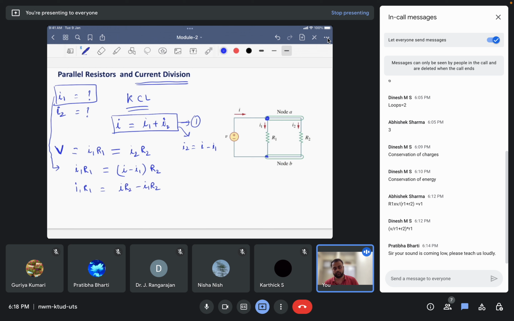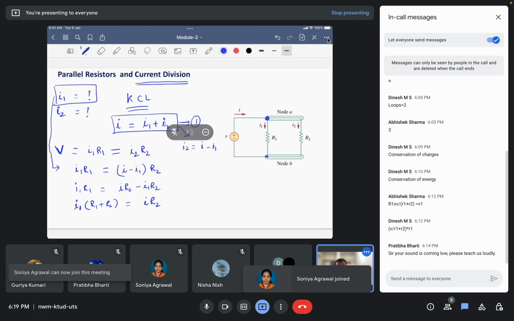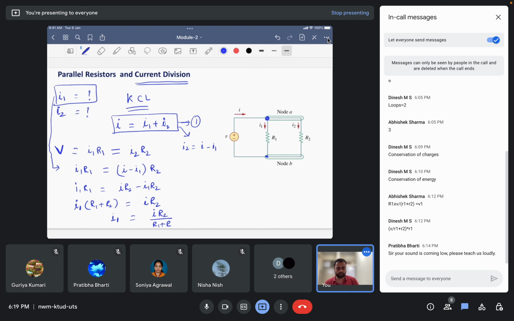So taking I1 on the left side, we have I1 as common, and R1 plus R2 will be the sum, equal to I R2. So I1 will become I multiplied by R2 upon R1 plus R2.